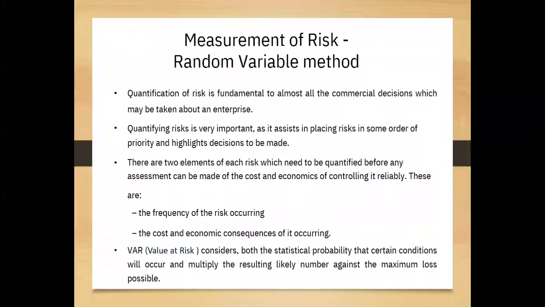Right. Again, measurement of risk. Random variable method: quantification of risk is fundamental to almost all commercial transactions undertaken by an enterprise. This is called VAR, value at risk. It considers both the statistical probability that certain conditions will occur and multiplies the resulting likely number against the maximum loss possible.